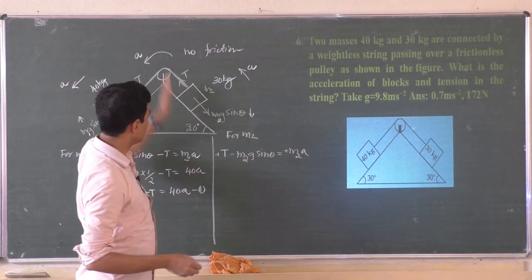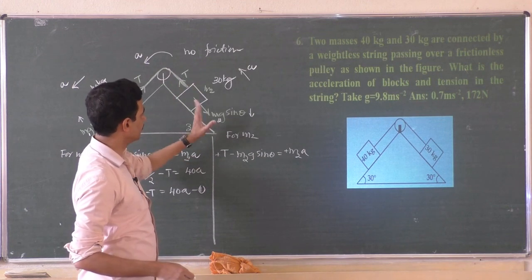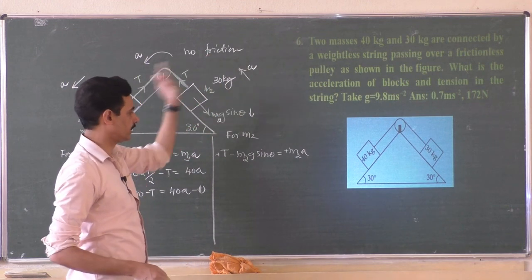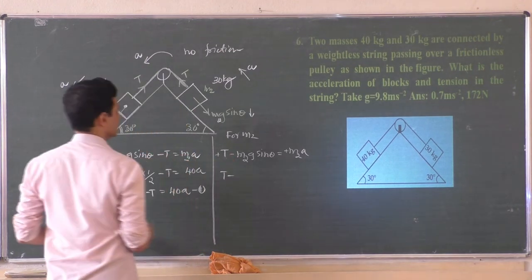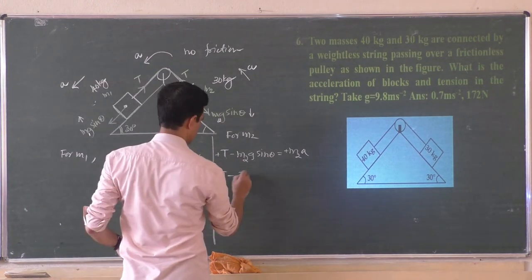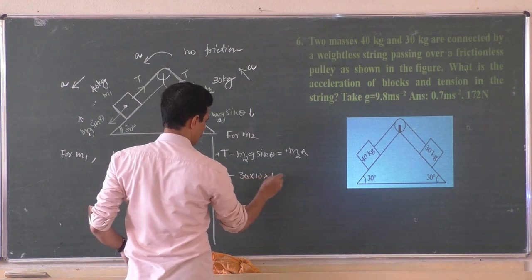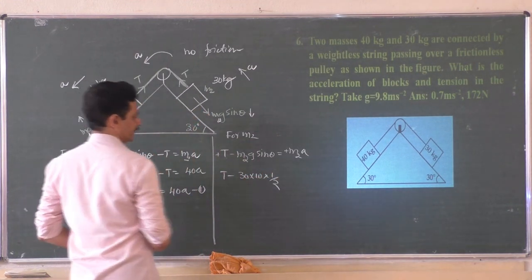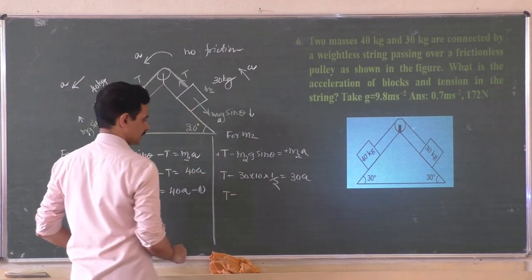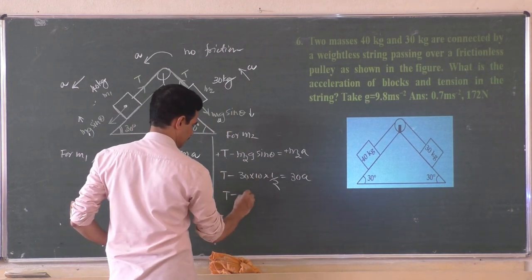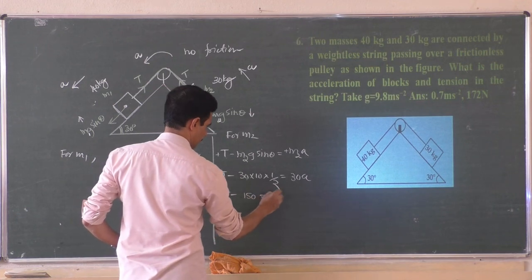So net force is tension minus M2G sin theta, and it has to go forward with acceleration A, so MA. What is tension minus M2G sin theta? M2G is 30 into 10 into half, sin 30, must be equal to M2A, 30A. Tension minus 150 is equal to 30A.